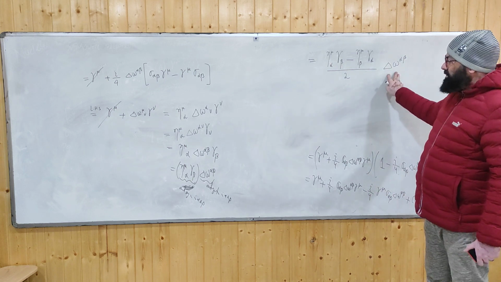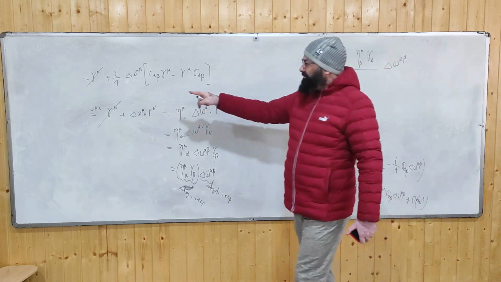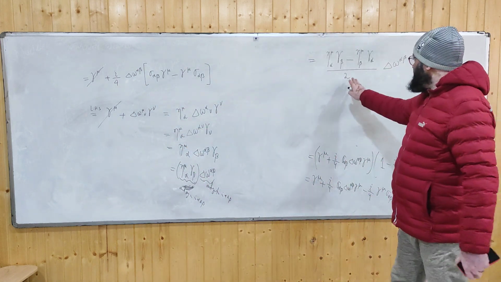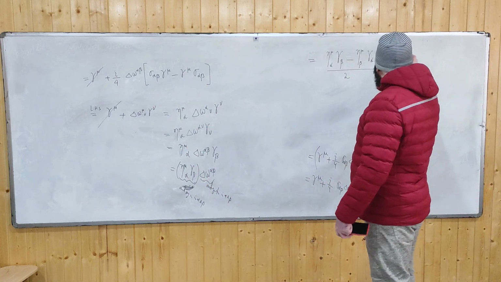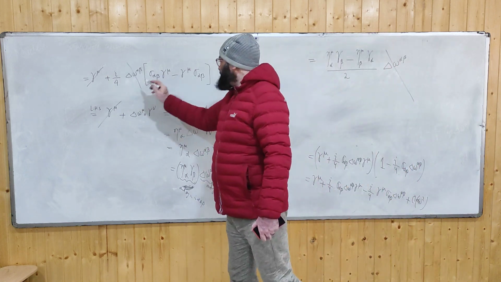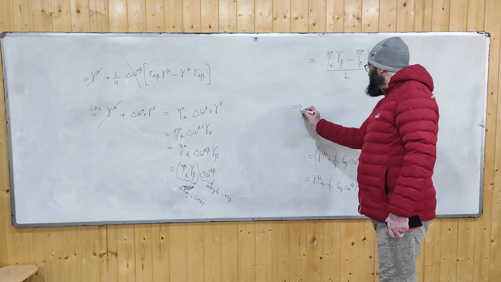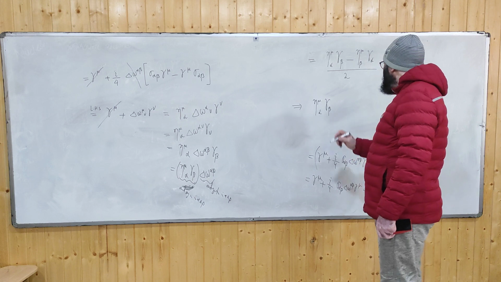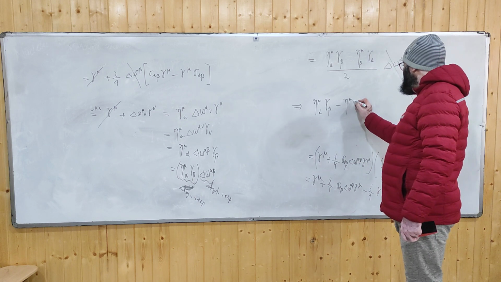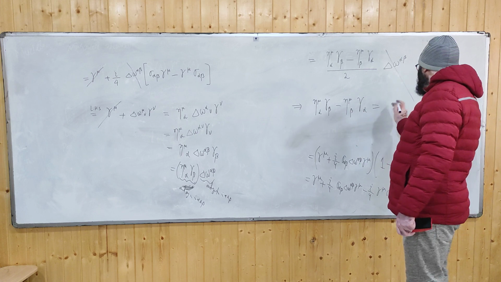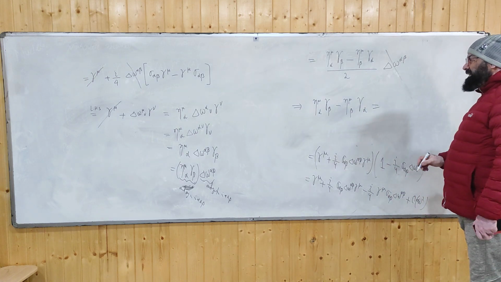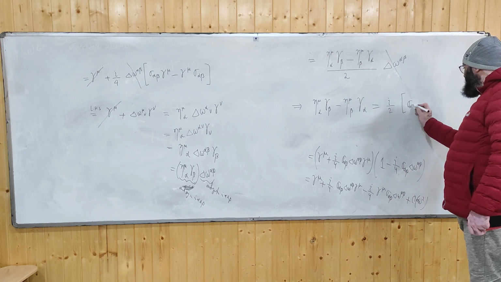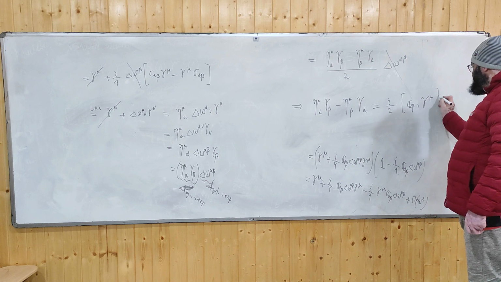Now you can cancel out this delta omega alpha beta with this. So you can take it out. So what you get is eta mu alpha gamma beta minus eta mu beta gamma alpha, which is equal to i by 2 times the commutator between sigma alpha beta and gamma mu.